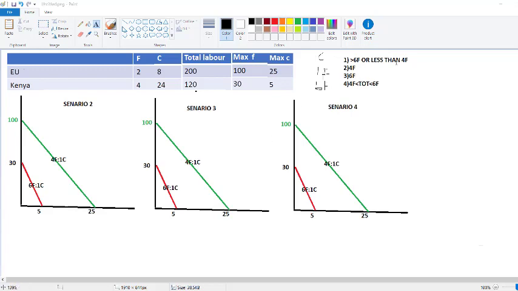In the second part of the first scenario, what if it was less than 4F per one chemical? Looking at the EU, the original price under autarky was 4 food per one chemical. Now anything less than 4F, say 3.5. It means chemicals are becoming cheaper, which means food is becoming more expensive.